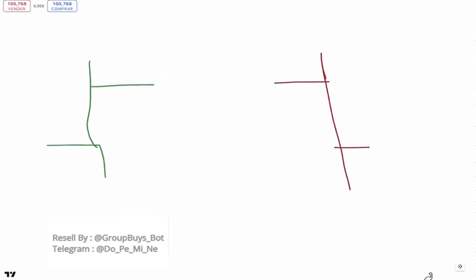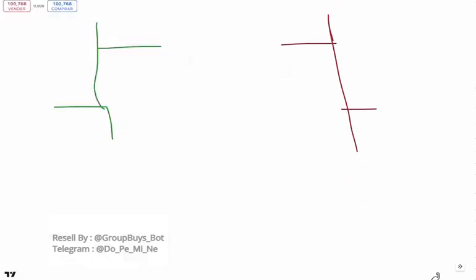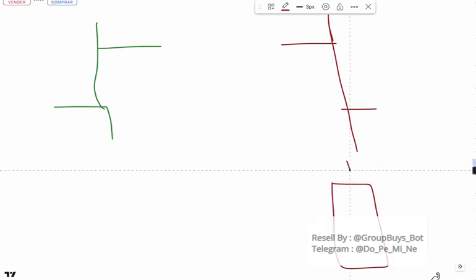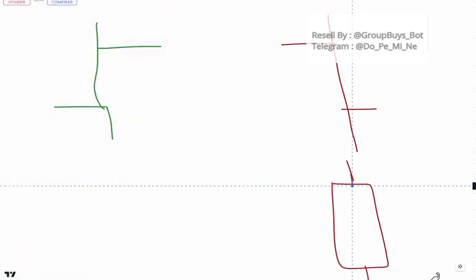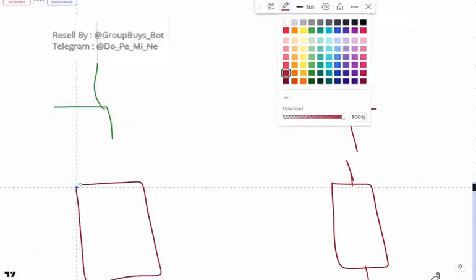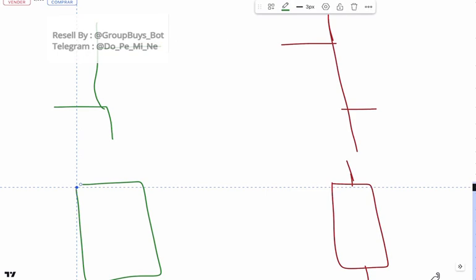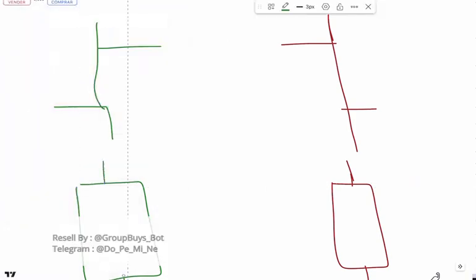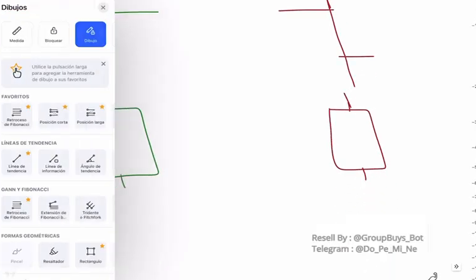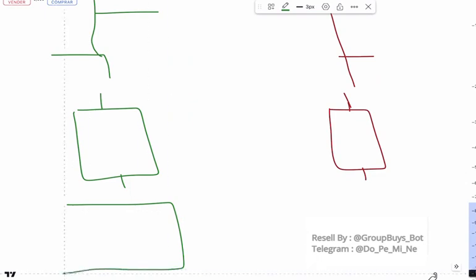It's a bearish candle, it's a bullish candle, bearish candle, bullish candle. Right? These three are the same thing.